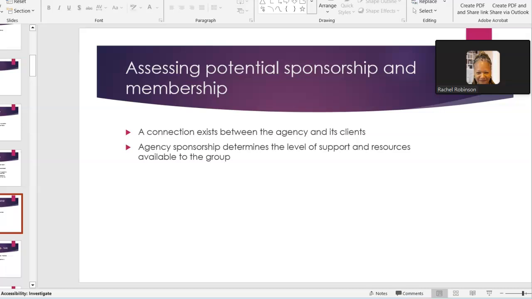In terms of sponsorship, there has to be a fit between the agency and the clients. And so sponsorship is primarily determined by what are the resources that this agency can provide. And that's not just monetary resources, it could be in-kind resources. But what is it that the agency can make available to the group? You might tell Nancy that the Harrison agency might not be the one, that she might need to look elsewhere.